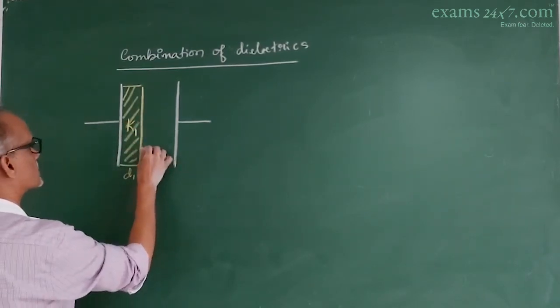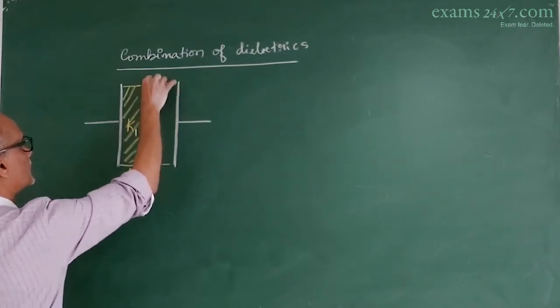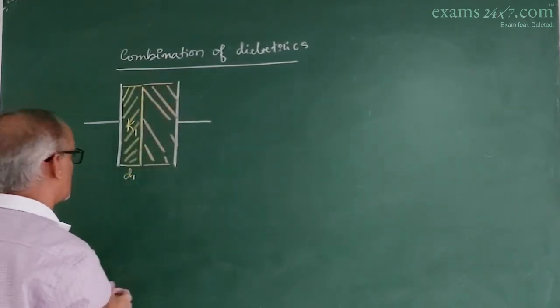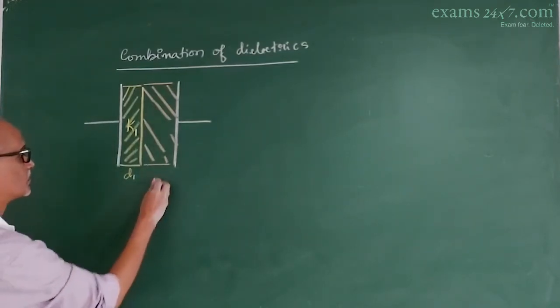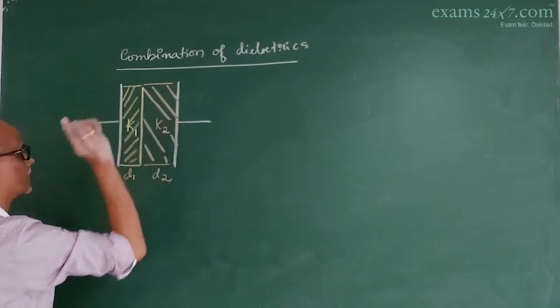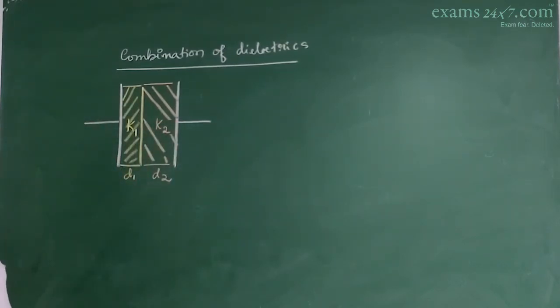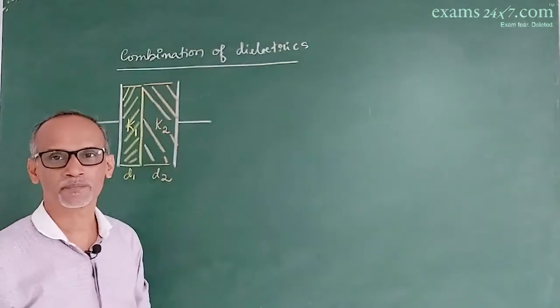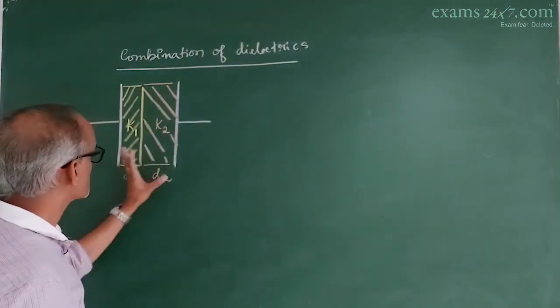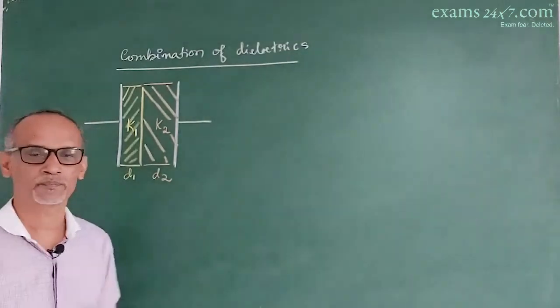The rest of the space is filled with one more dielectric having thickness d2 and dielectric constant K2. This is the series combination of the dielectrics.